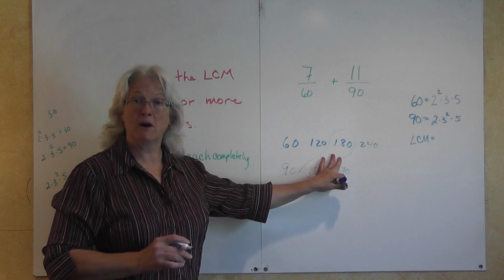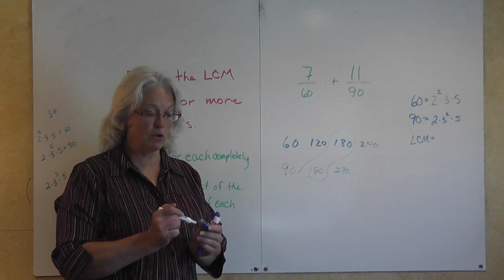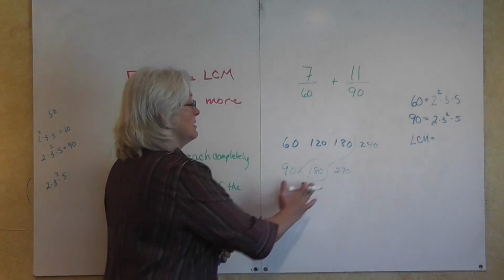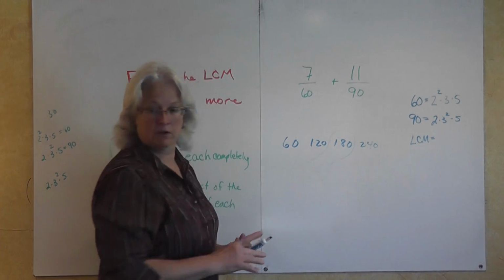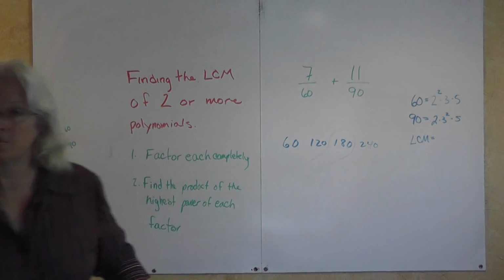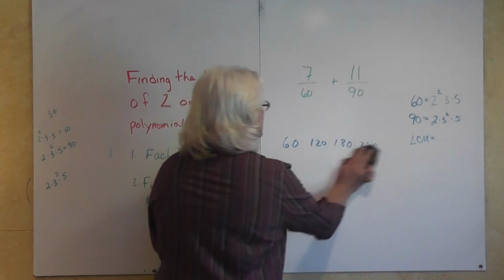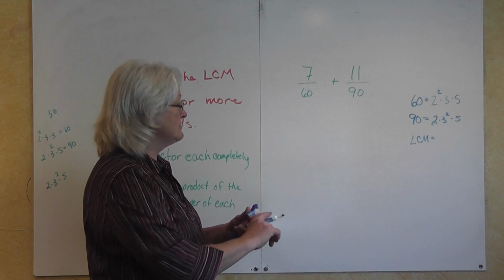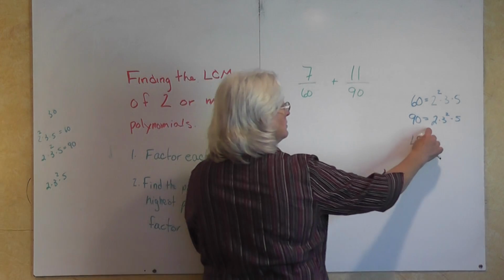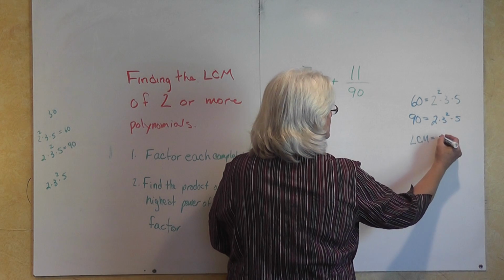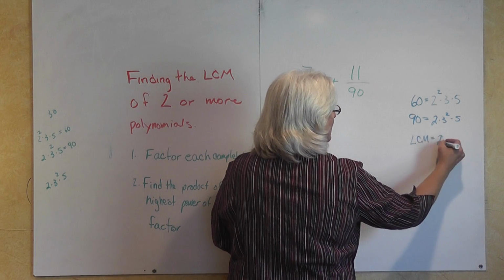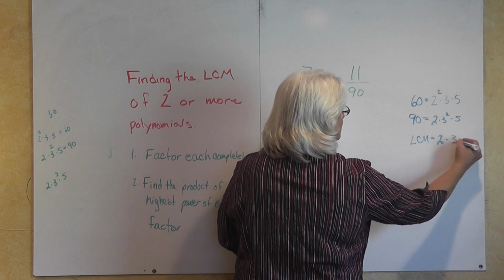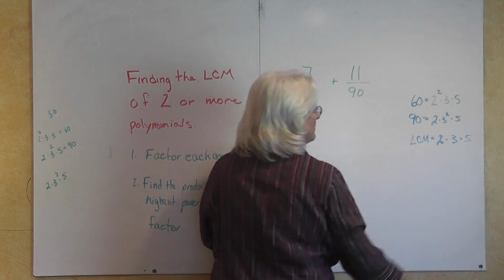The way that you find the least common multiple of two numbers is you look at your list of prime factors, and you're going to write down every single unique prime number that is used as a factor. So we have 2 times 3 times 5.